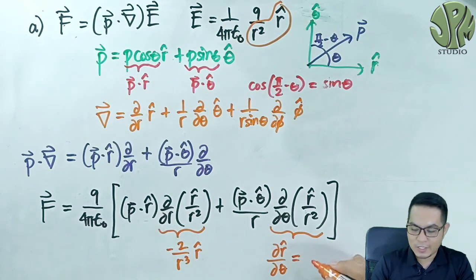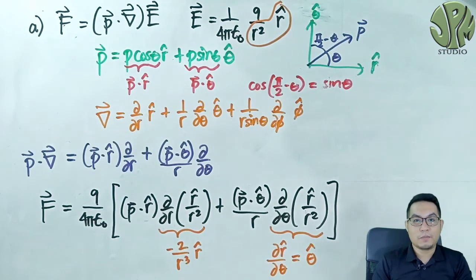You need to review the lesson in chapter 0 about the unit vectors and their derivatives. The answer of that is theta hat. So you need to review this lesson so that you can understand this part of the solution much better. Okay.